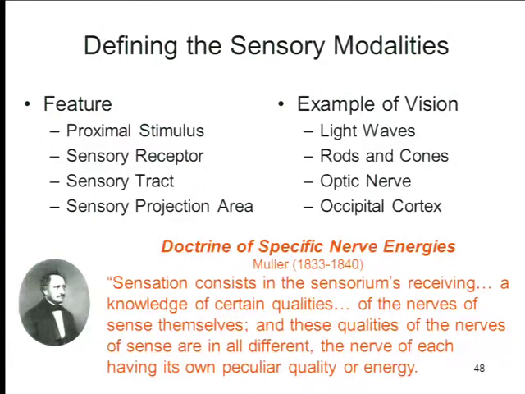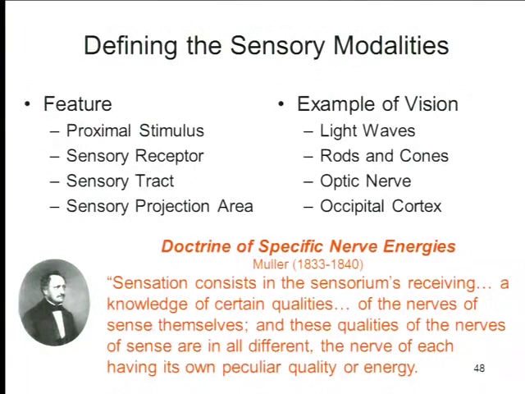And the general idea here that Sherrington and others had was that each of the modalities of sensation could be made concrete, could be objectively defined in terms of a package of features like this, each one being associated with a particular proximal stimulus, a particular set of receptor organs, a particular afferent tract or sensory tract, a particular sensory projection area.